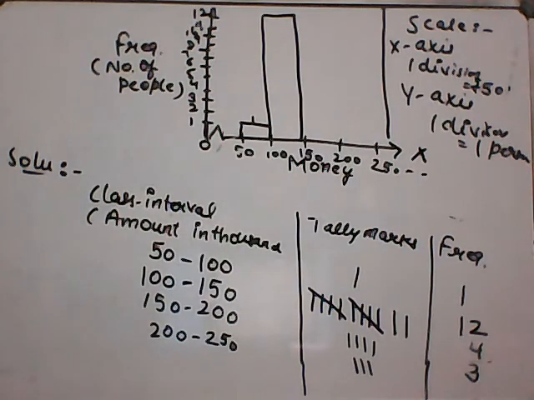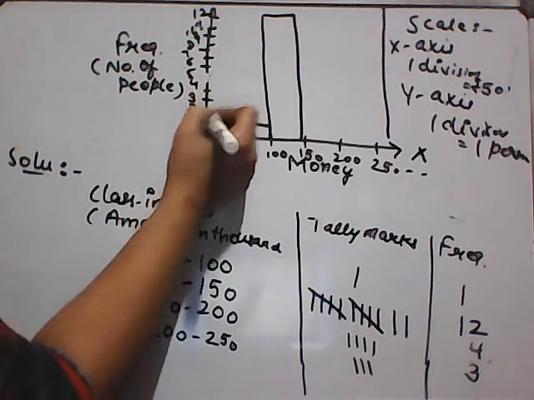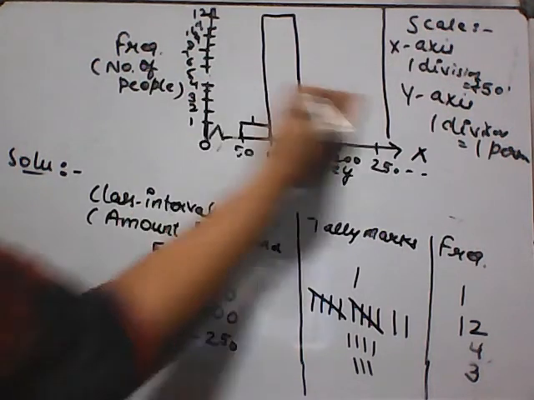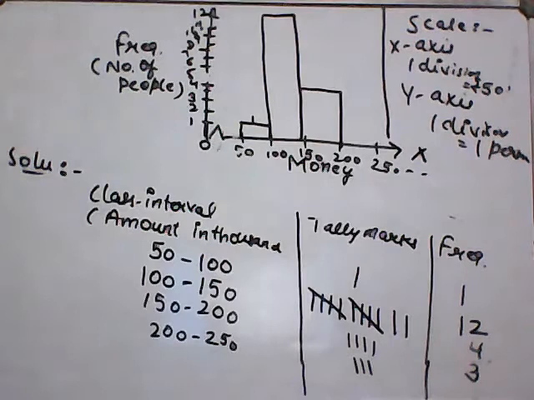Next is 150 to 200. In this class interval the number of persons is 4, so you take 4 here. Next, in the class interval 200 to 250, the number of persons is 3.